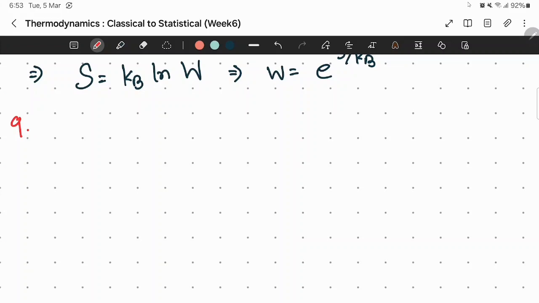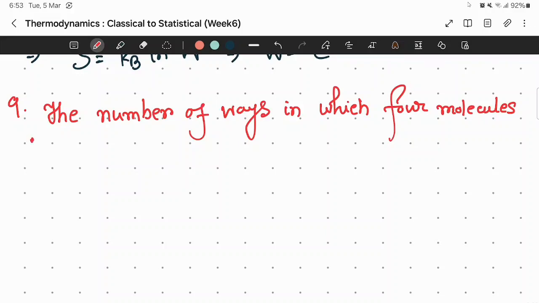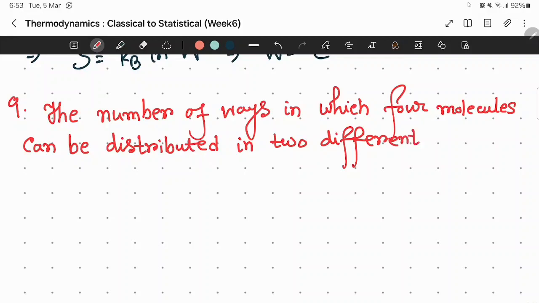Now question number 9. The number of ways in which four molecules can be distributed into two different energy levels.